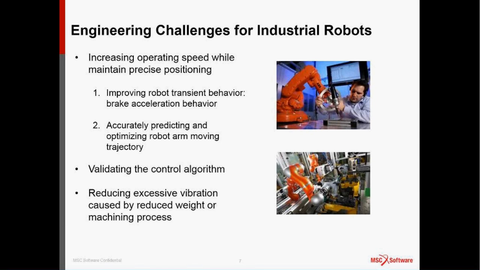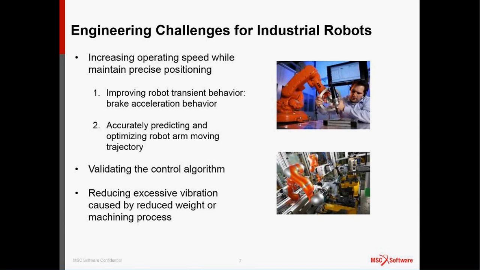If you want to lightweight your product, you change the stiffness and the system natural frequency. And as a result, you might have some resonance effect because your system natural frequency is very close to your operating frequency.